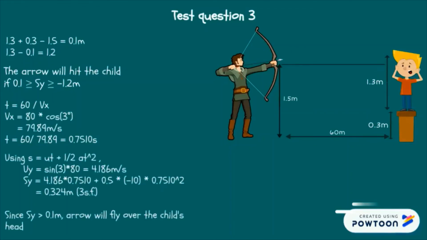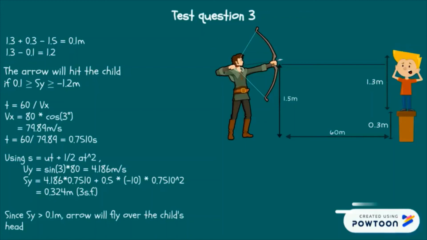And now all we need to do is find the initial vertical velocity of the arrow. So I've multiplied sine 3 degrees by its initial speed of 80 meters per second, and I got 4.186 meters per second. This is rounded off to 4 significant figures.